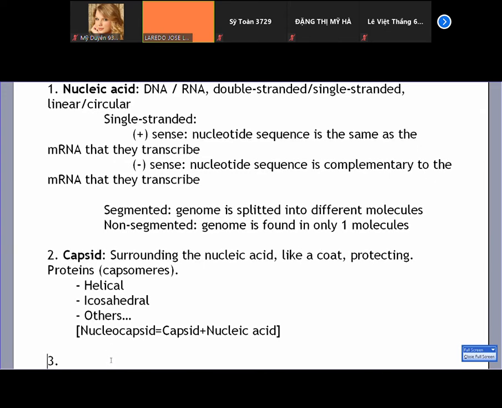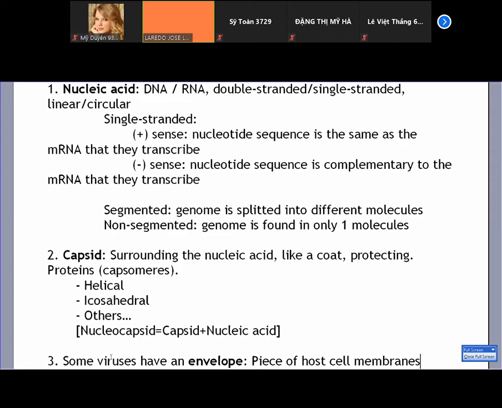And finally, some viruses, not all, have an envelope. And what is the envelope? The envelope is made of phospholipids, it is a piece of host cell membrane. So the envelope is not made by the virus.